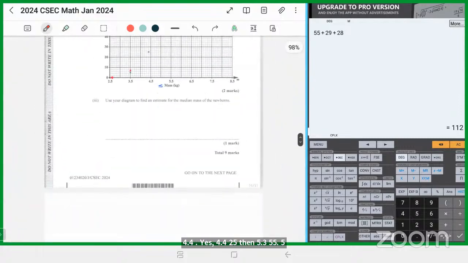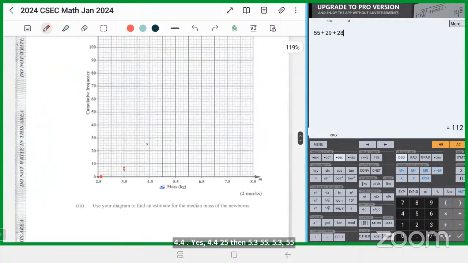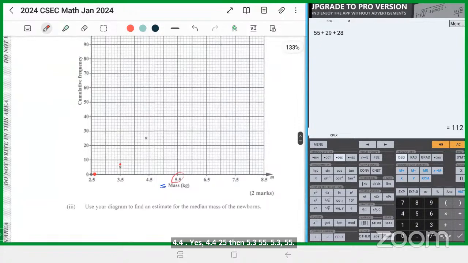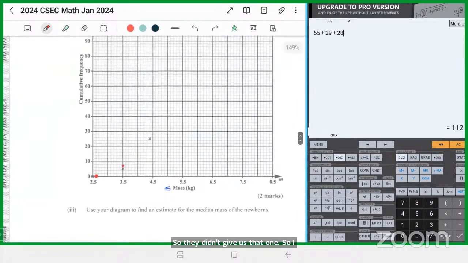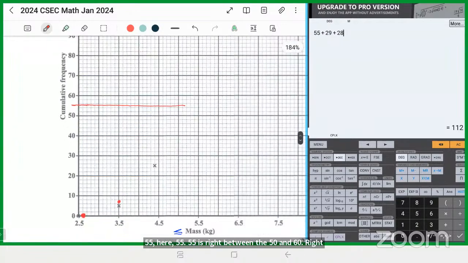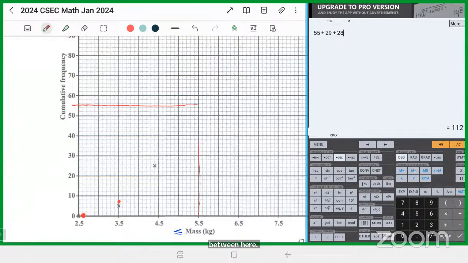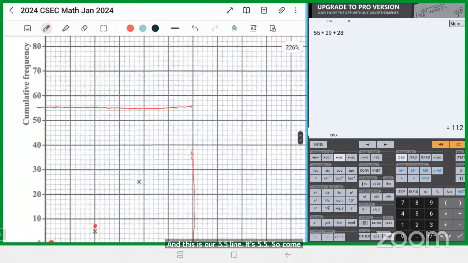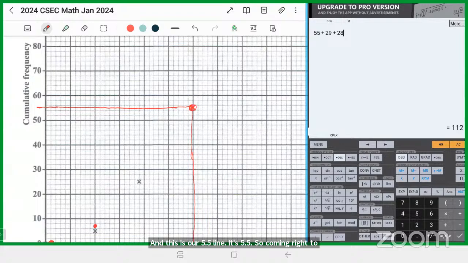They didn't give us that one, so I have to put it on. Where's 55? 55 is right between the 50 and the 60. And this is our 5.5 line. It's 5.5, yes, right here. So coming right to this point right here. Right here is the next point.